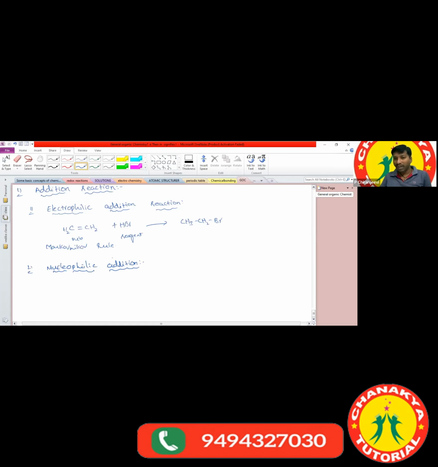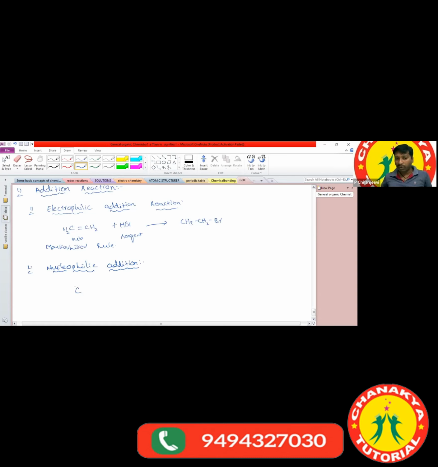So the substrate molecule first attaches with the nucleophile, then the reaction is followed by addition of the electrophile; this is a nucleophilic addition reaction. What is the best example? Carbonyl compounds undergo nucleophilic addition reactions.